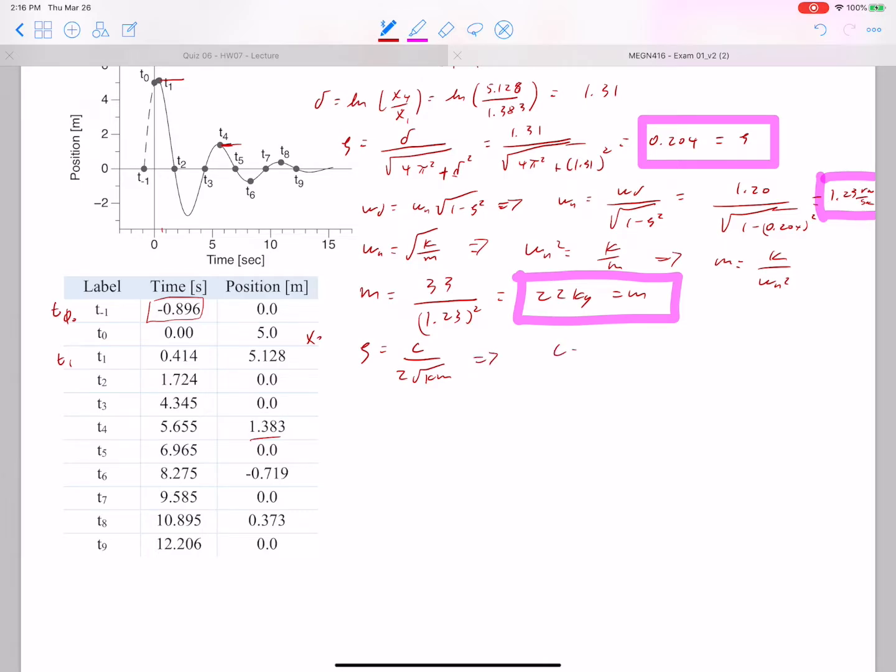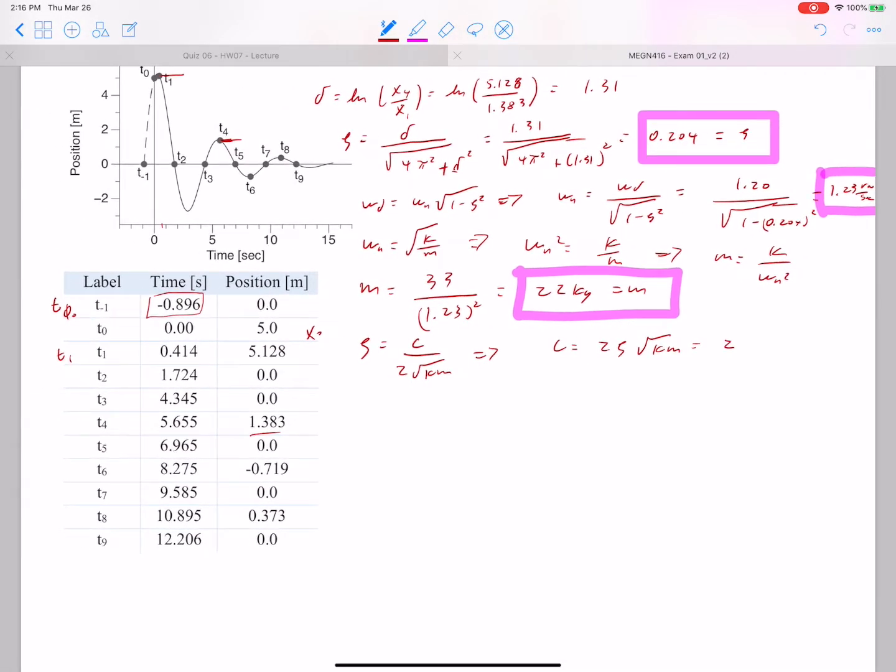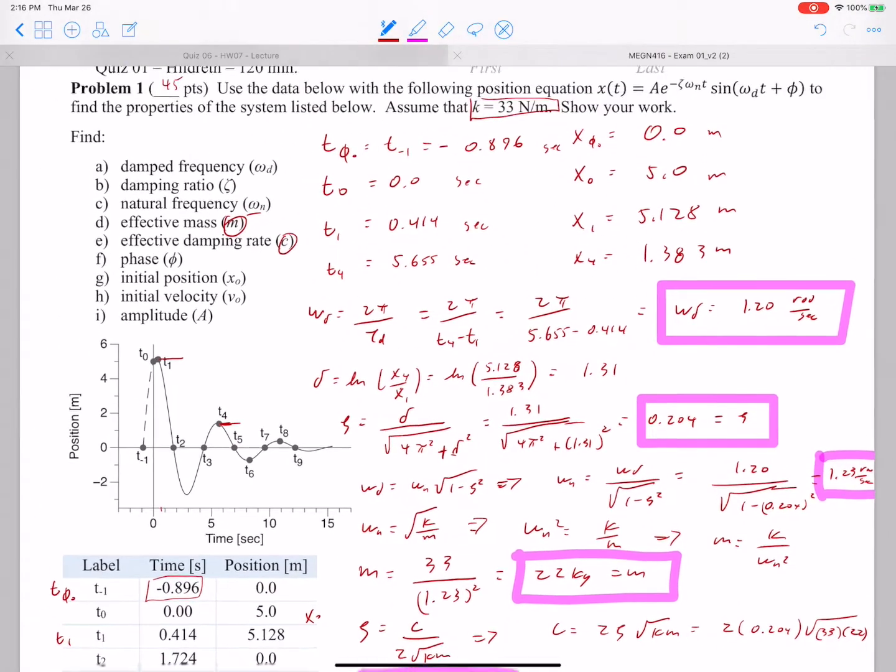That tells us that C is equal to 2 zeta times the square root of km, which is equal to 2 times 0.204 times the square root of 33 times 22, and C becomes 11 kilogram-seconds per second. Okay, so now we're zooming right along.